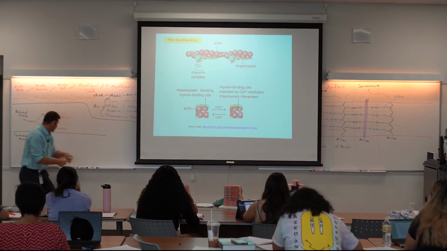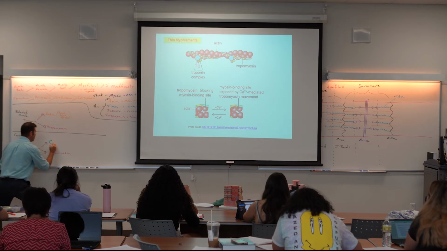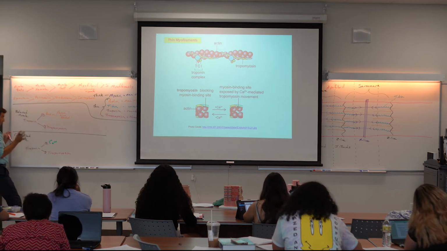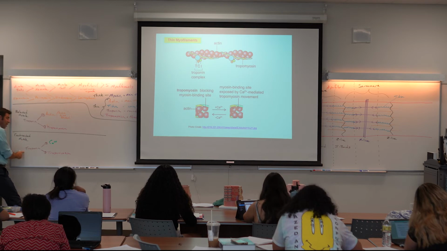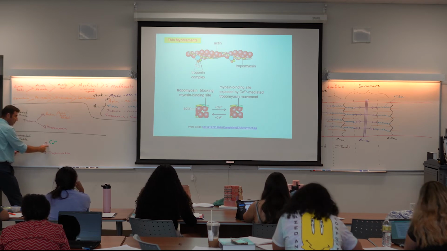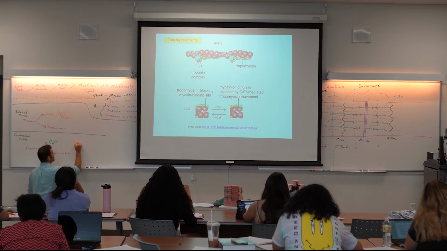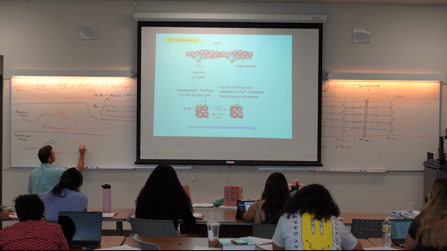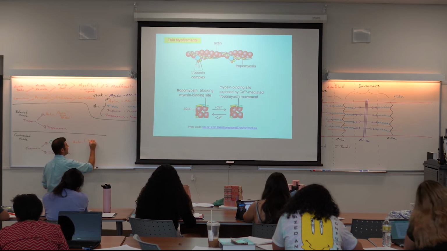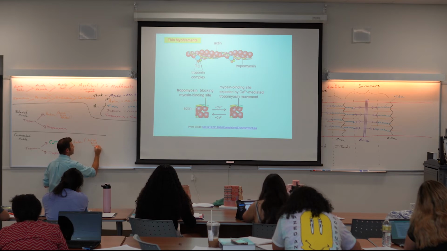I'll let this green color represent my calcium ion. If calcium ions are present, then troponin grabs onto calcium, and in order to grab onto calcium, it lets go of actin. So now, when calcium ion is on the scene, actin is over here. We can say active sites exposed.